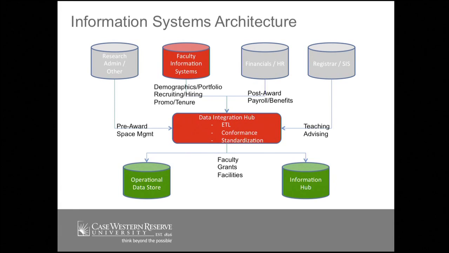We're also going to be getting our information from financials, HR, and the registrar system, pulling that all into a data hub, and we're going to integrate that data together. And then at the bottom is where the data is going to be stored, either in an information hub and then your operational data store. You can get into a little bit more detail in this, but what it's trying to show is the data that we're talking about.